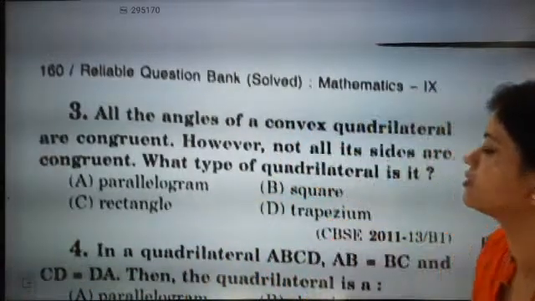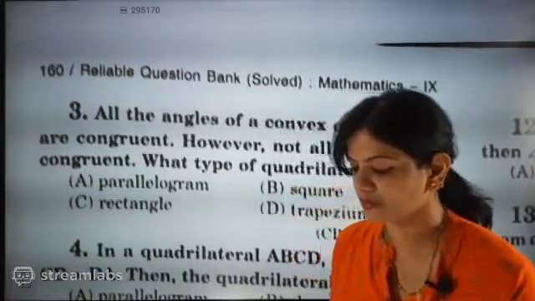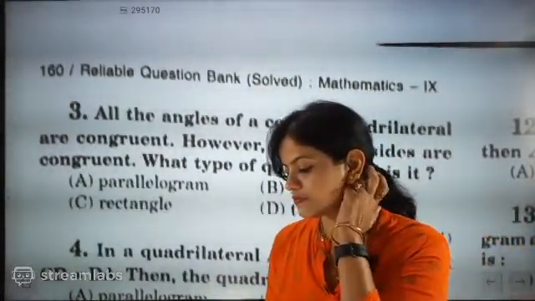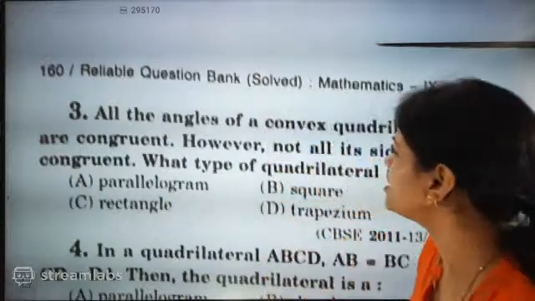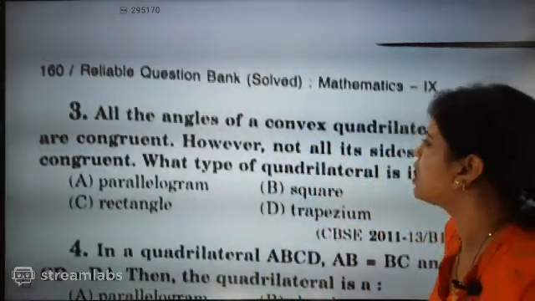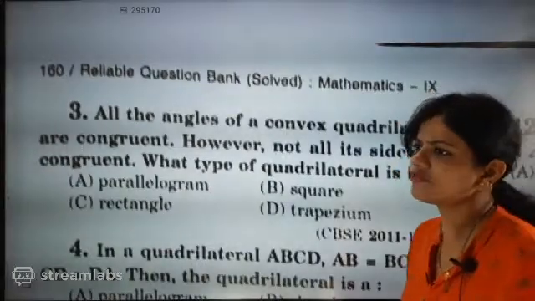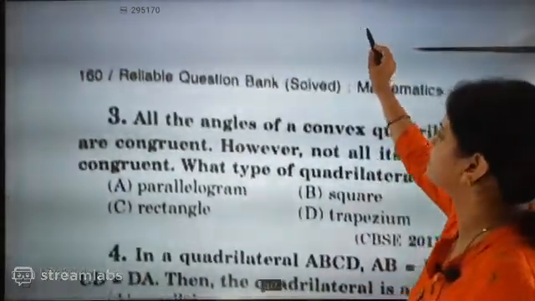What type of quadrilateral it is? All the angles of a convex quadrilateral are congruent. However, not all the sides are congruent. See, convex means complete figure will be there.